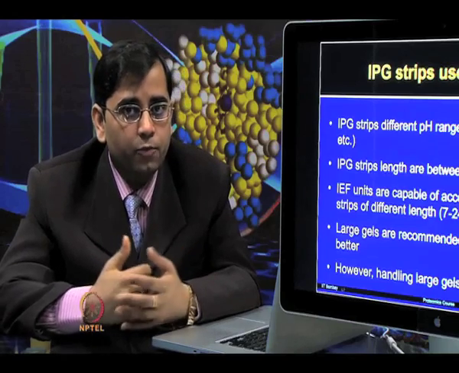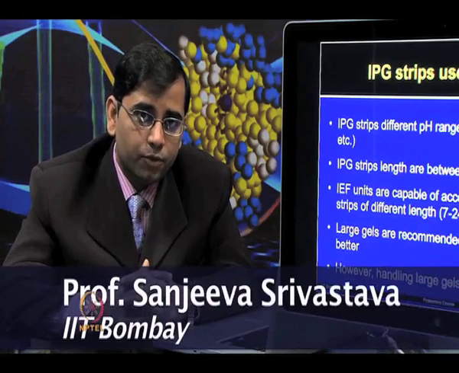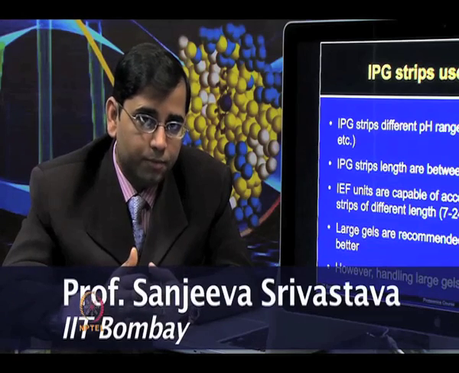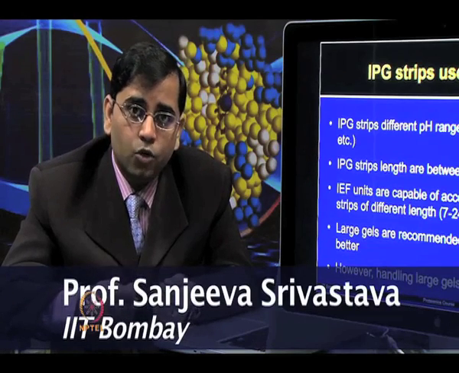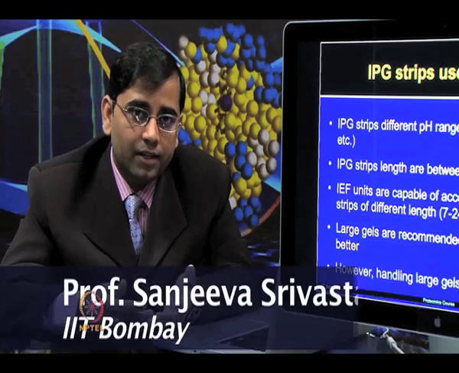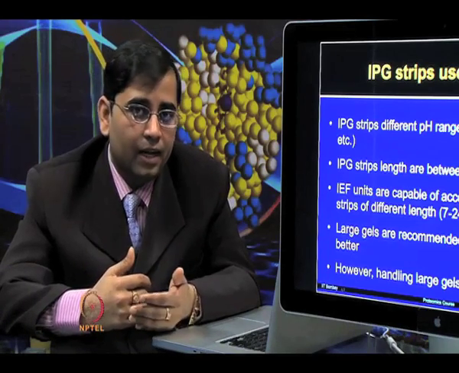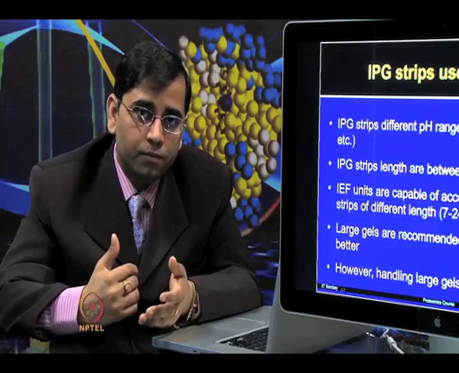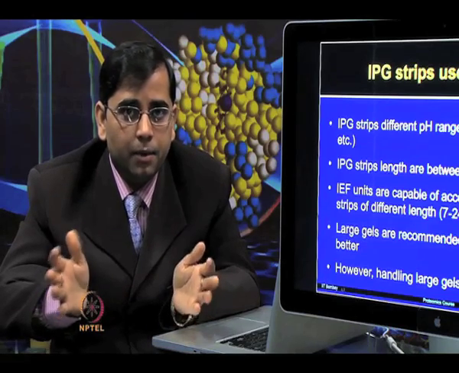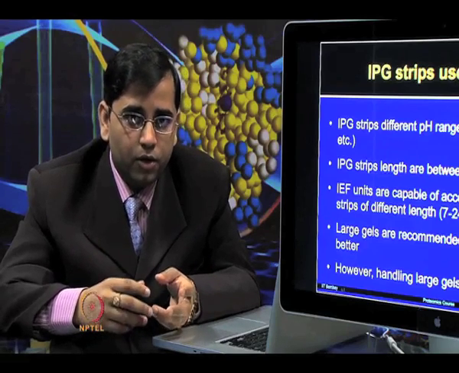But if you do not have enough protein to separate, then you have to restrict yourself to smaller strips. Or one can still go with a large strip but apply a more sensitive stain. When we talk about different staining methods, we will discuss that even if you have low protein, you can separate it on large gels, but then apply a more sensitive stain such as silver or Sypro Ruby.